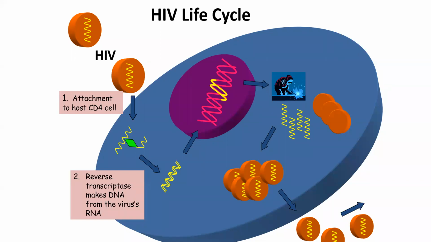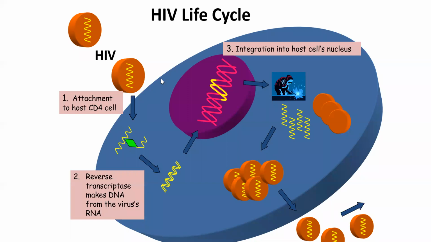So the HIV virus contains RNA, and it has to be changed to DNA. The enzyme reverse transcriptase changes the HIV RNA to DNA. This is now the HIV DNA, and it is integrated, or becomes part of, the human DNA.